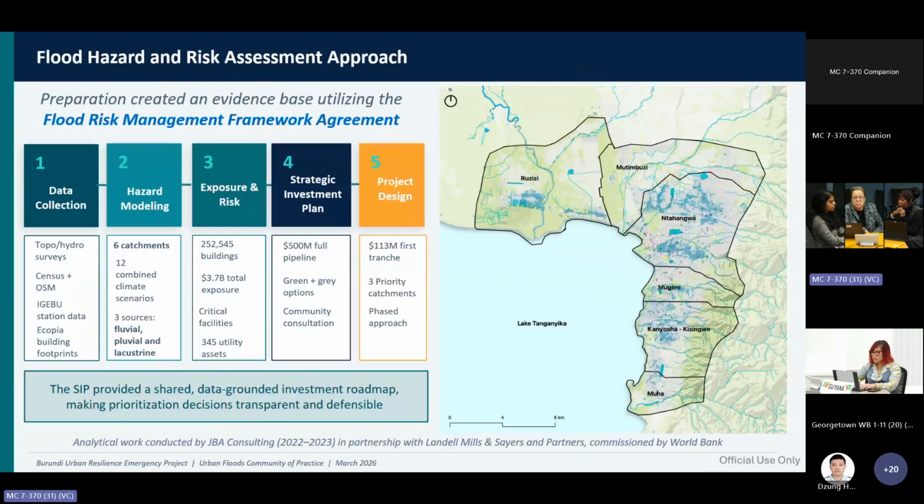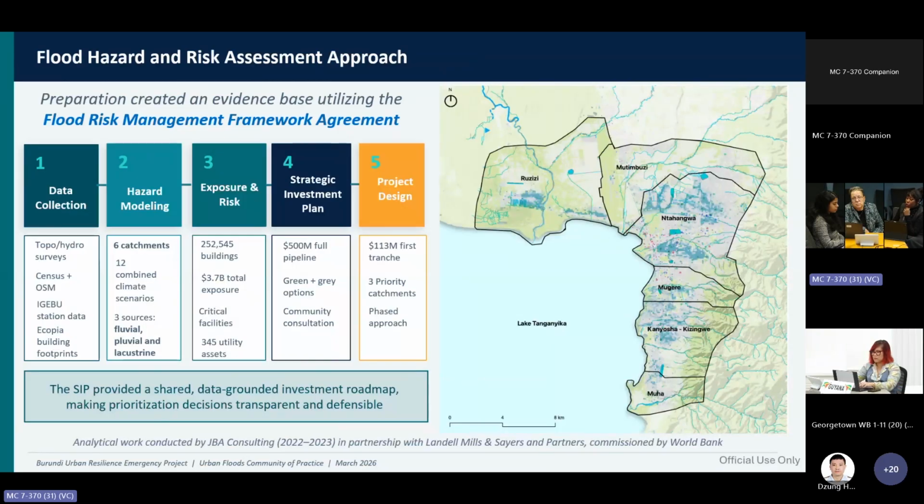It brought together topographic and hydrologic surveys, station data, census, and a LIDAR survey that was actually done specifically for this particular assessment. And that was used to model flood risk across the 6 major catchments in the city of Bujumbura. And importantly, it followed the structured 5-step process that Anna mentioned in her presentation, from data collection to hazard modeling, exposure and risk assessment, through to the development of a strategic investment plan that was done up to the pre-feasibility level.